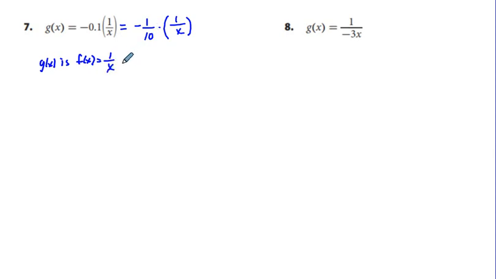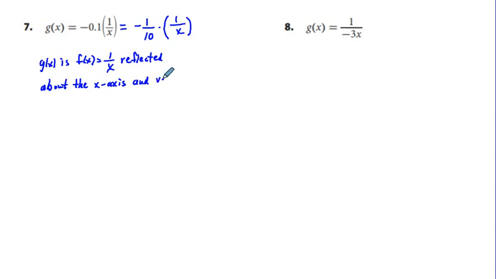This negative sign reflects, so I'll say reflected about the x-axis, and what does that 1/10 do?